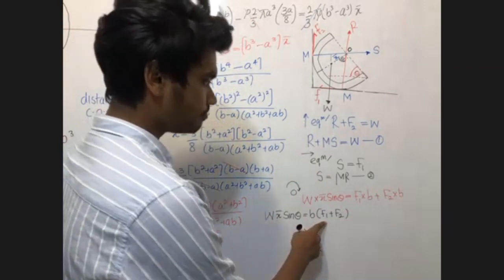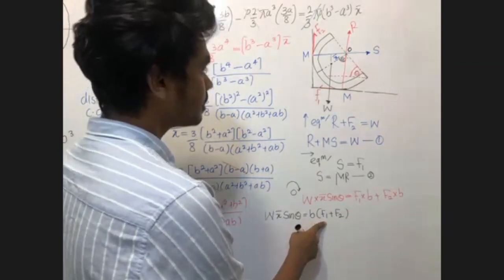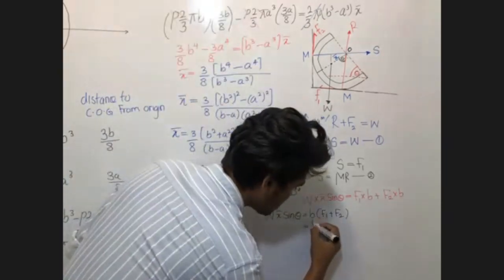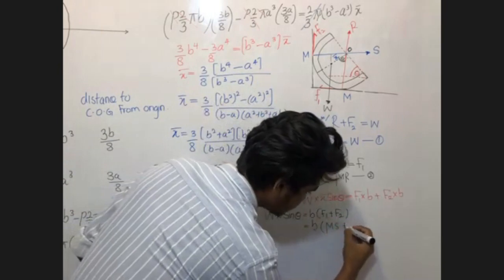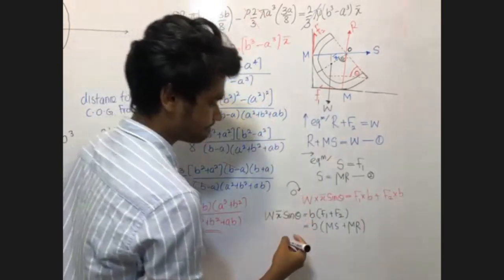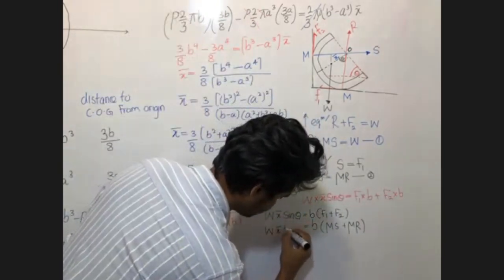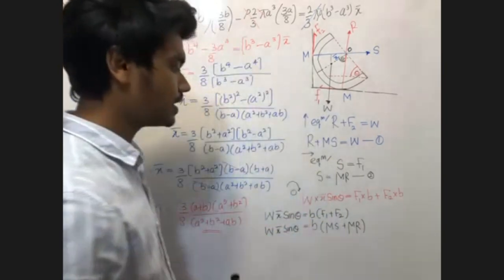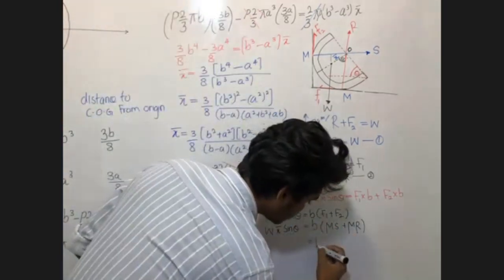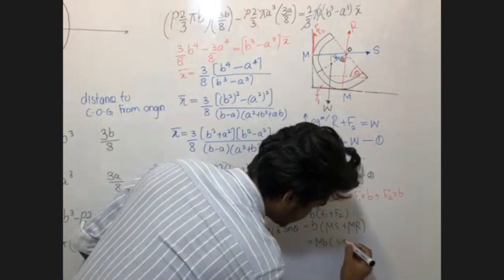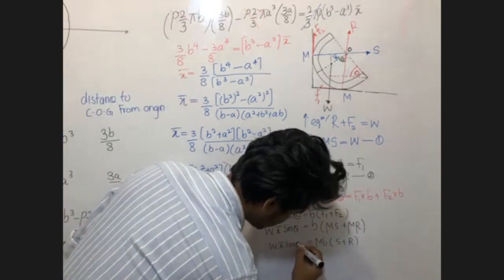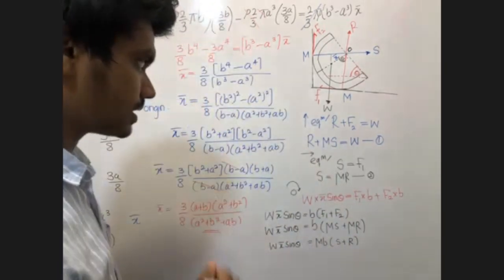F1 is mu S and this is mu R, so mu S plus mu R. You can take mu also out, so S plus R. So S plus R is what?